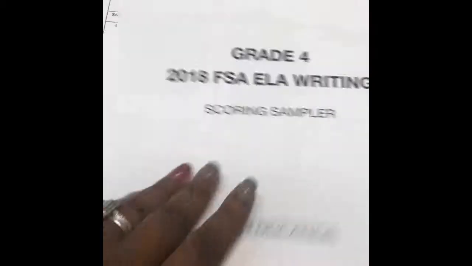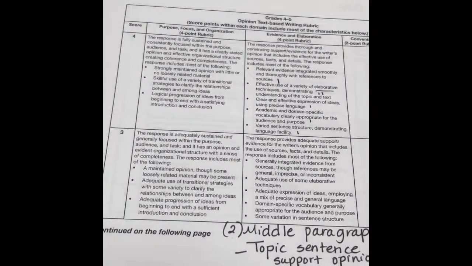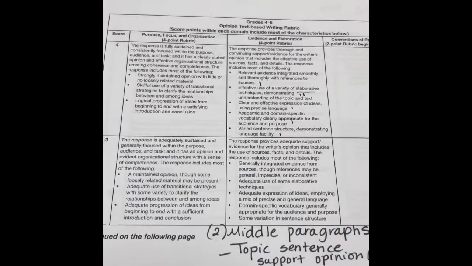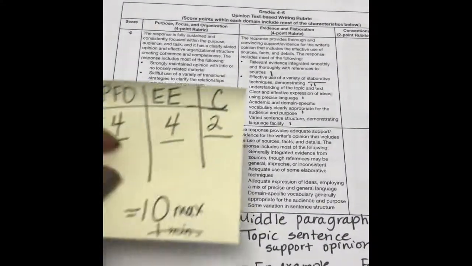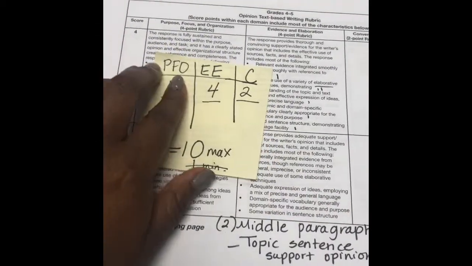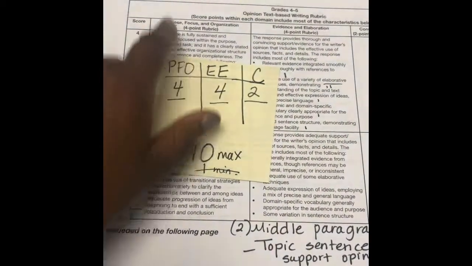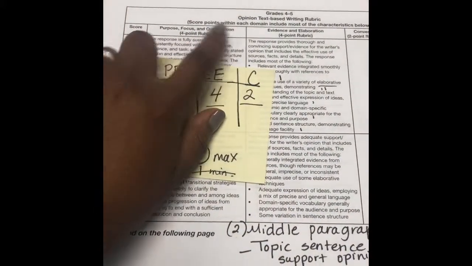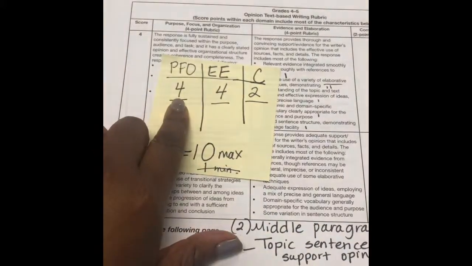There's going to be a rubric for how the assessment is scored. The highest points that a student can get is a 10. They would have a PFO, which stands for Purpose, Focus, and Organization, and they can get 4 points in this area.